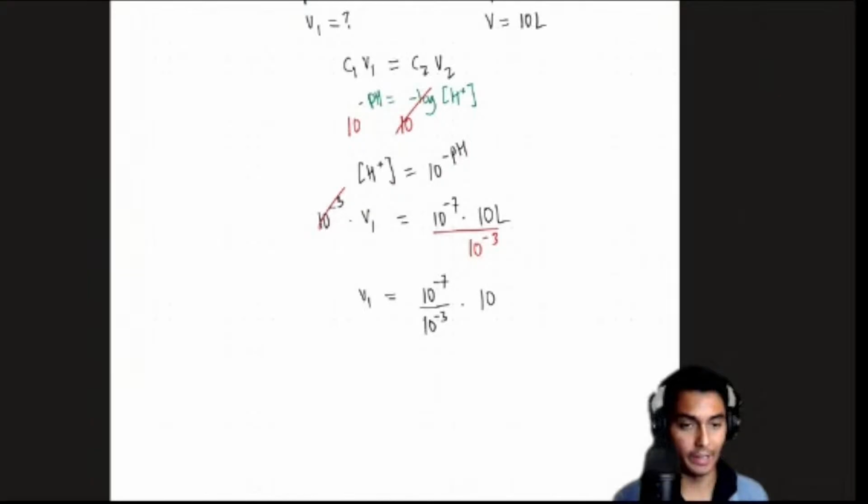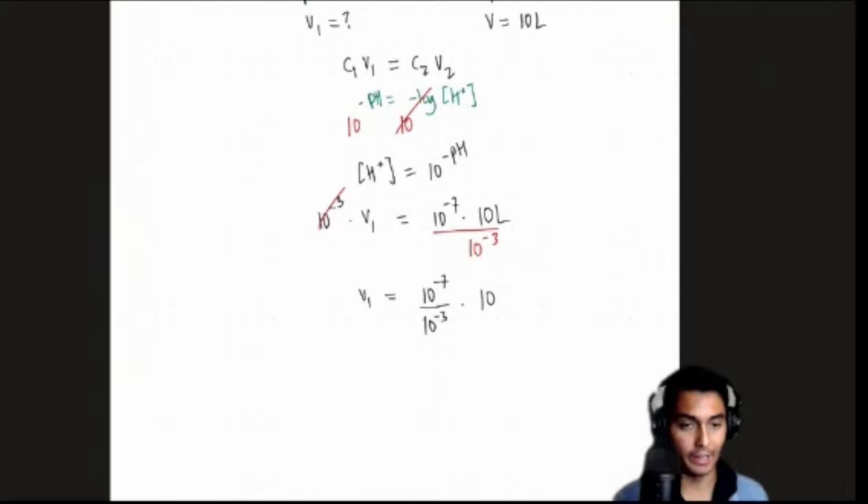Recall your order of operations, chat: it's 10 to the minus 7 plus 3 times another 10, which is going to be 10 to the minus 4 times 10 to the 1, which is 10 to the minus 3 liters, which equates to 1 milliliter. So our final answer was 1 milliliter.